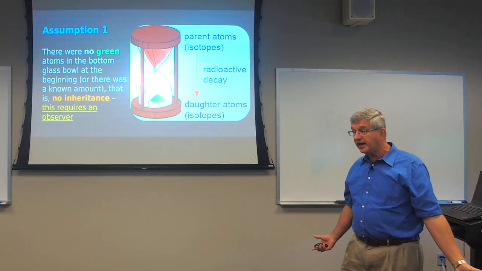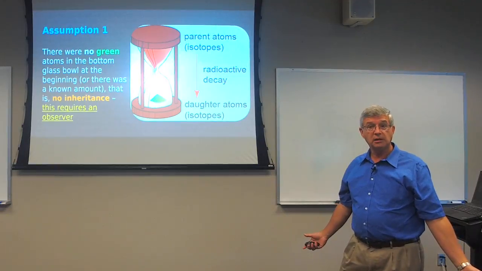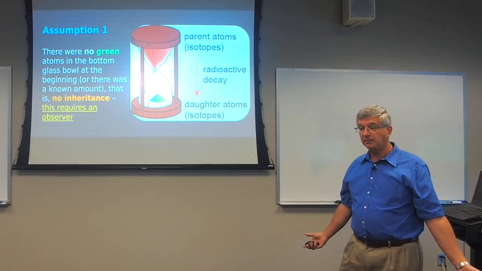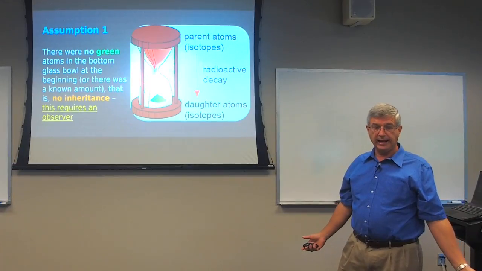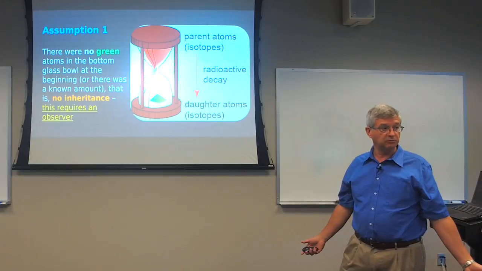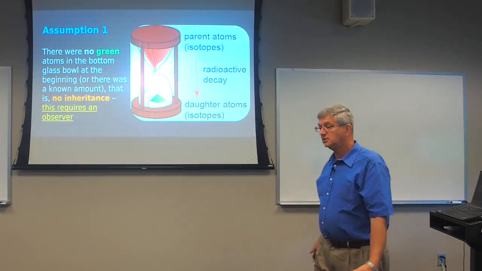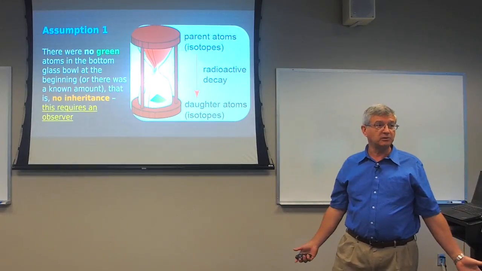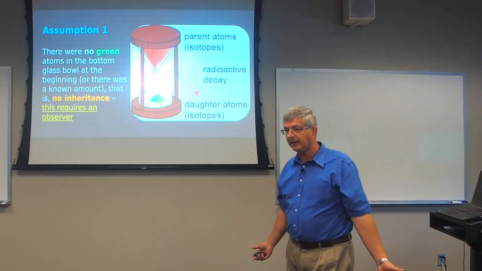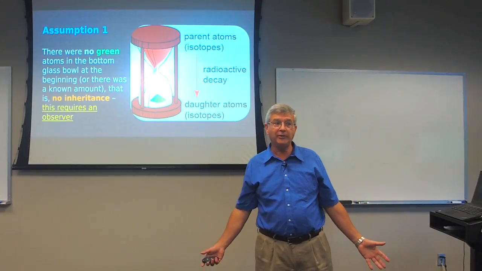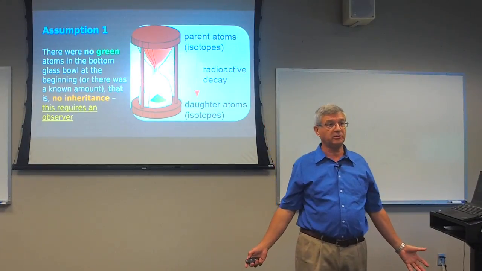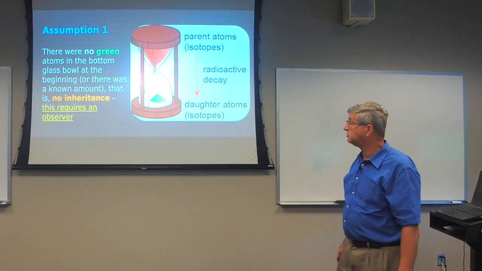Were there observers there when the rock formed? Well, usually no, but in an example I'm going to give you, yes there were. And we find that the method doesn't work when there is an observer. So if the method doesn't work when there is an observer, doesn't it beg the question, well, when there is no observer, can we be certain that the method also works there as well?